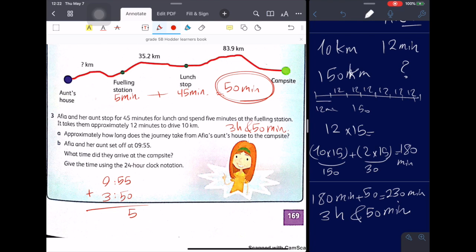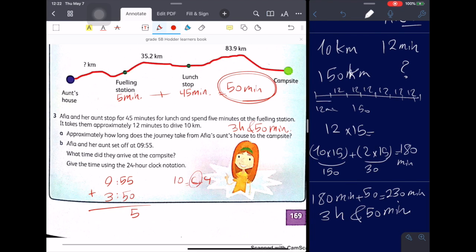But you need to remember that 10 here means 6 plus 4, because each 60 minutes is 1 hour. So I will write 4 here, and that 6 is going to go there to add 1 over this one. Then it's going to be 1 plus 9, 10, plus 3, 13. So they're going to reach the campsite by 13:45.